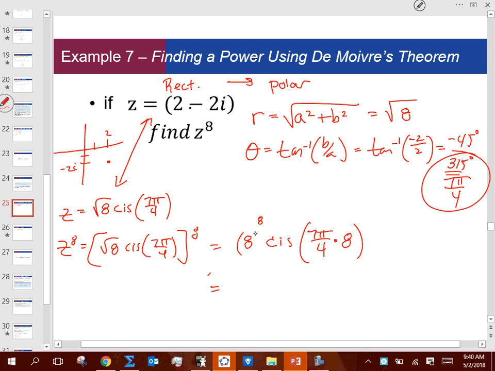Square root is the same as raising something to what power? 1/2 power. So when I have the square root of 8 raised to the 8th, that's the same thing as 8 to the 1/2 raised to the 8th. What do I do with those two exponents? Multiply them. So I get 8 to the 4th.